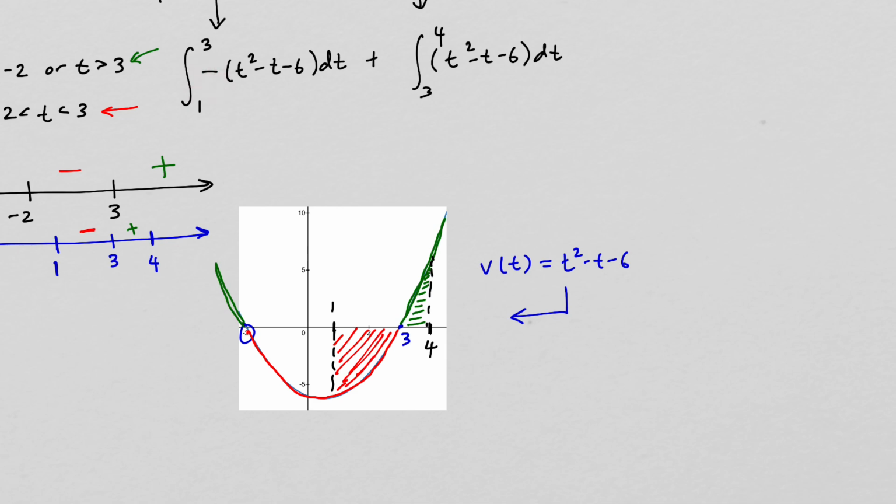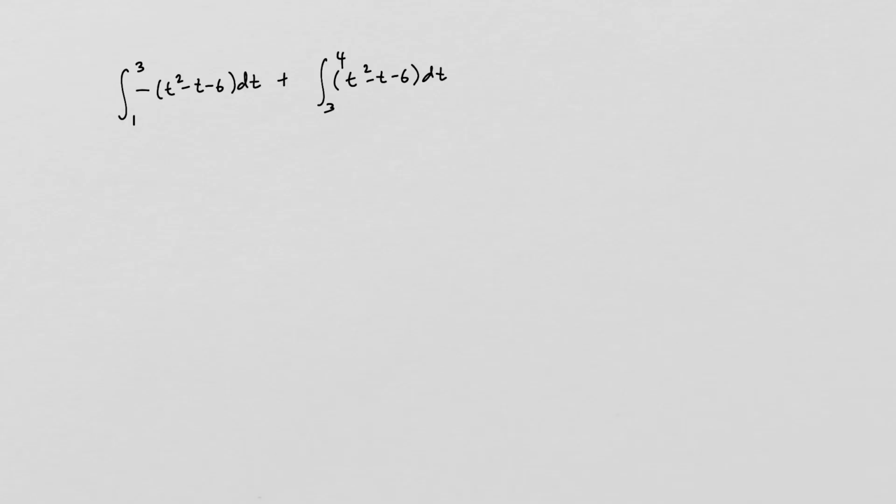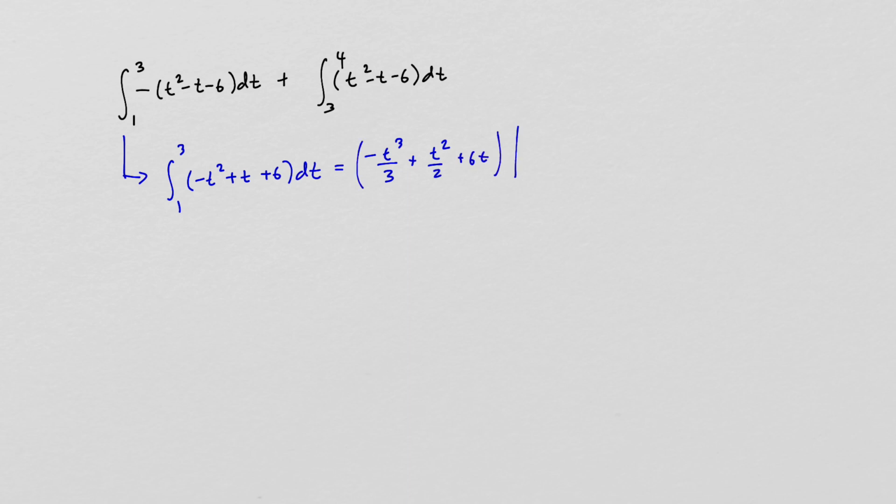Okay, now let's go ahead and compute these two integrals. All right, so this first integral here, we have the integral from 1 to 3, negative t squared plus t plus 6 dt. Let's do the antiderivative first. And then we'll evaluate from 1 to 3.